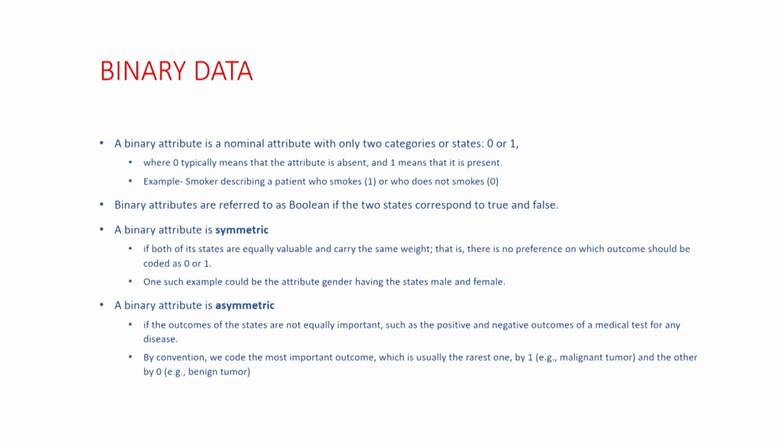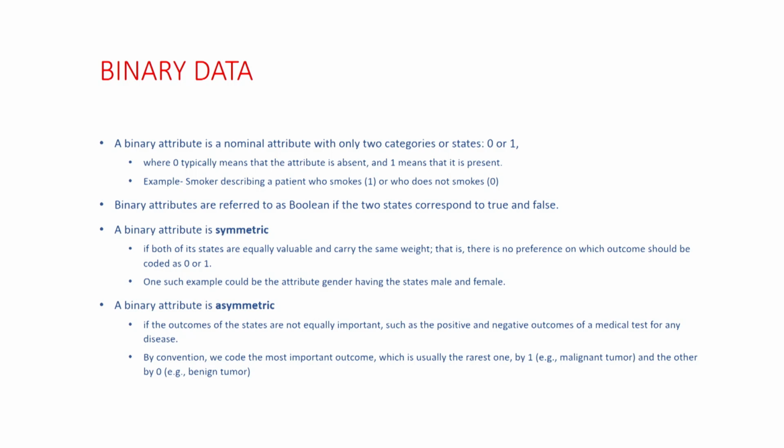So, the weightage of 1 and 0 is the same in this case. Like if we have a feature, suppose gender, male or female are the two possible genders, and we are not giving any weightage to male or female. In that case, we can treat gender as symmetric binary data.